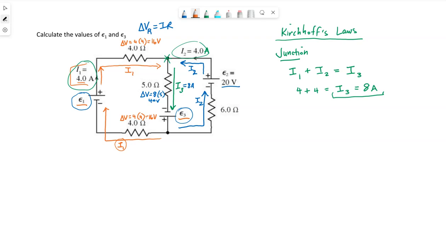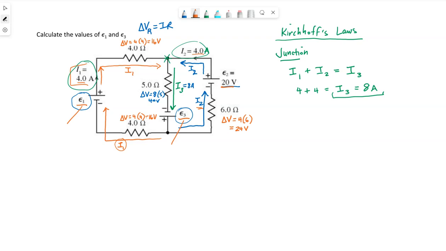The other resistor we have is this 6 ohm resistor. The current flowing through it is I2. I2 was given to us as 4 amps. The resistance is 6 ohms, so there's 24 volts across this one. And then, of course, there's 20 volts for that EMF2, and we're looking for EMF1 and EMF3.